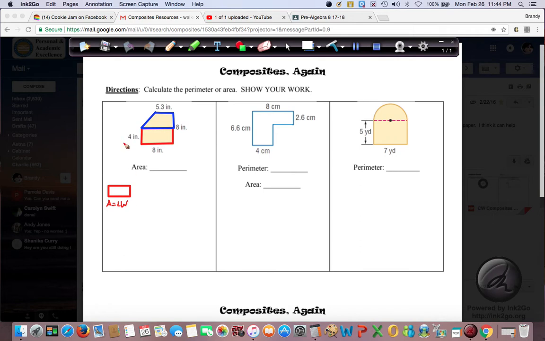And I have my length can be 8. And my width is 4. So this is pretty easy. You're just going to multiply 8 times 4, and you get area of the rectangle.